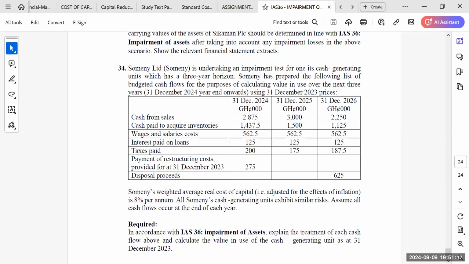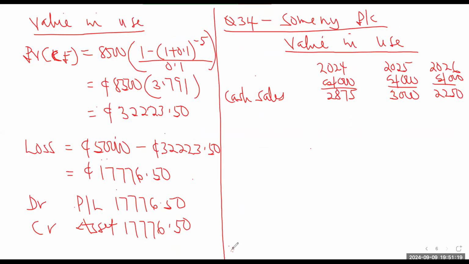So we need to have the purchases there. The purchases should also be cash. What is the purchases? 1437.5. Okay, 1500. And then 1125.